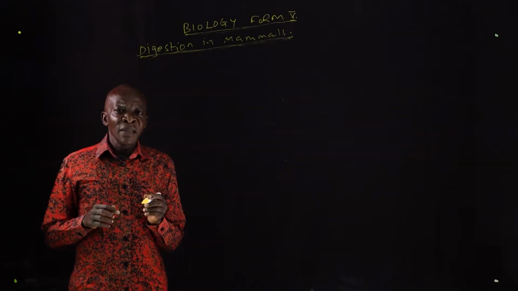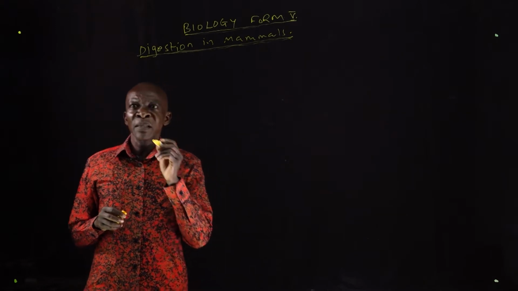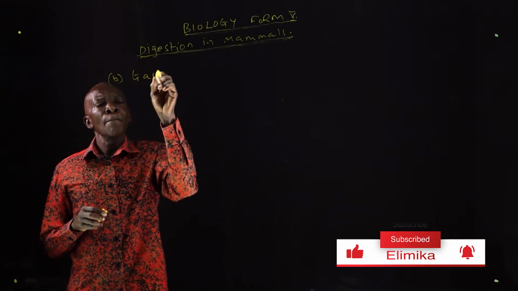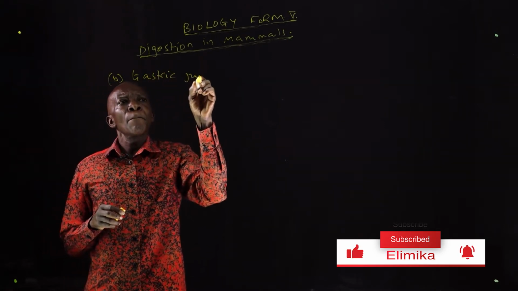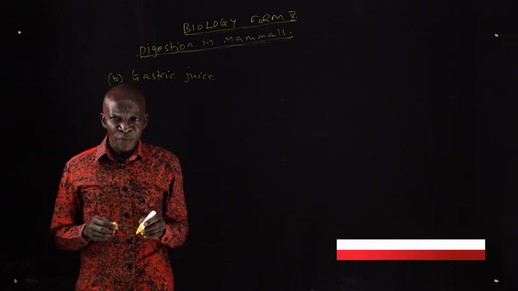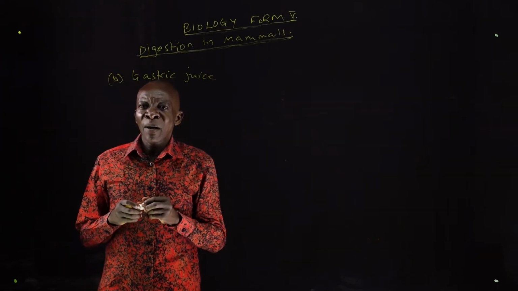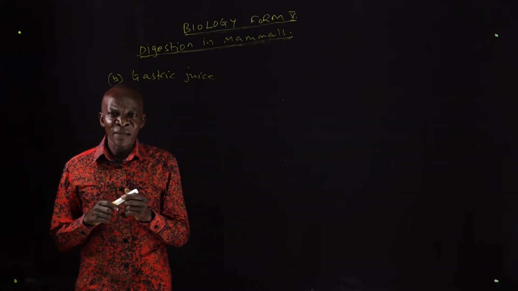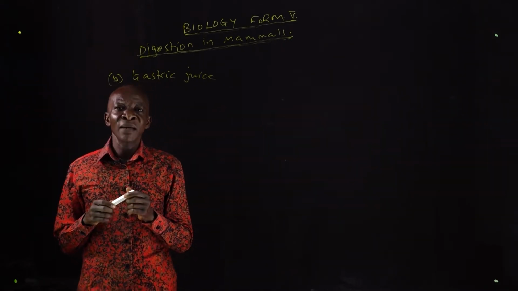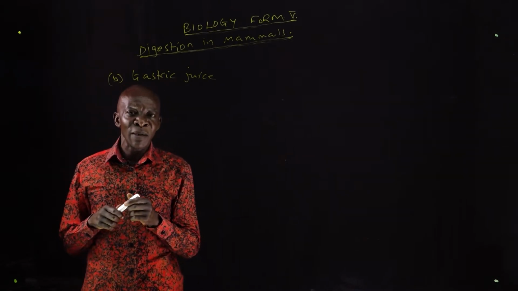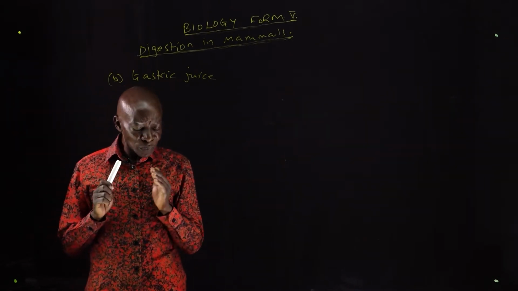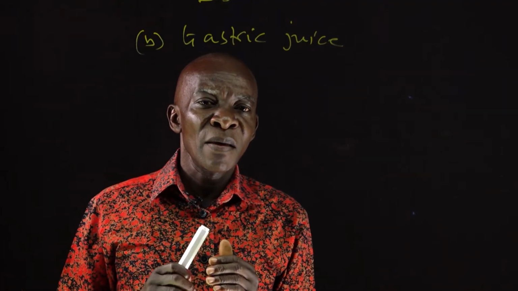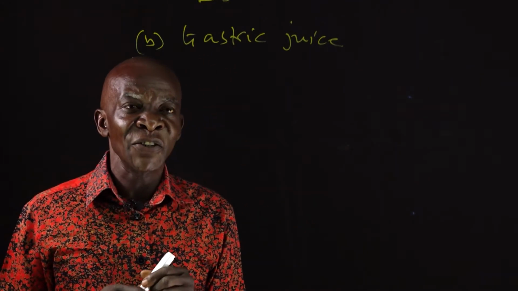The second digestive juice is gastric juice. You remember, the gastric juice is secreted by the gastric glands that are located in the gastric mucosa, I mean the walls of the stomach. And this secretion of gastric juice involves three phases.